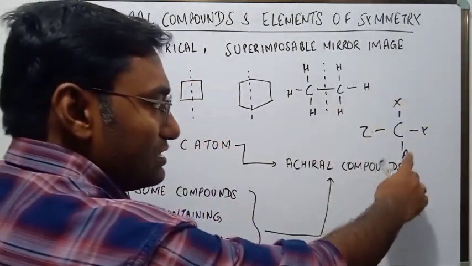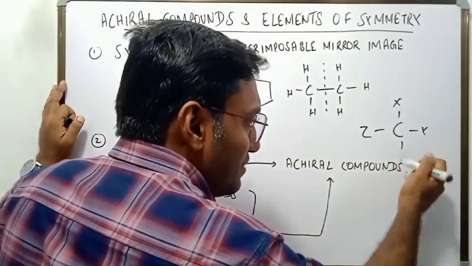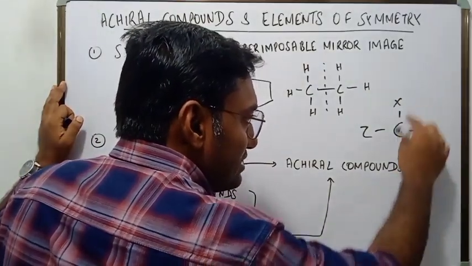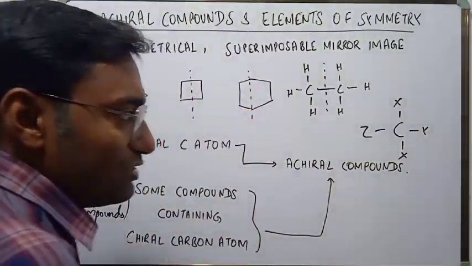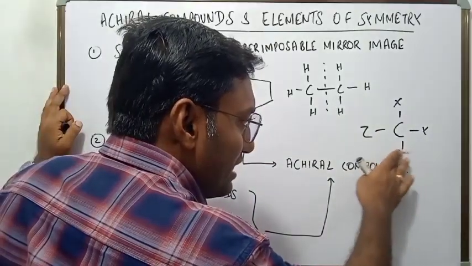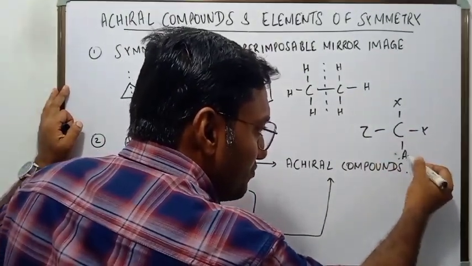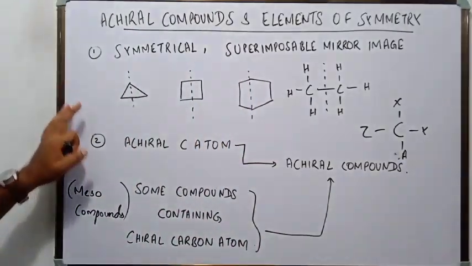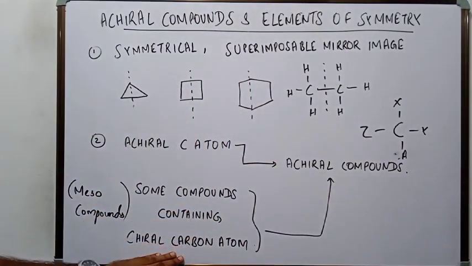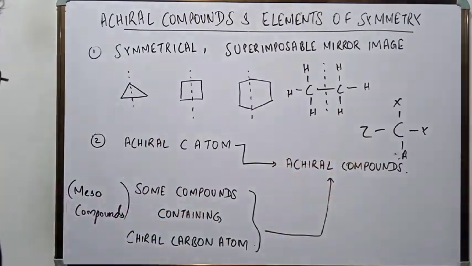Four different substituents. Even if one of these is X, the carbon atom becomes achiral. So it is required for a chiral carbon atom to be attached to four different substituents, right? There are some compounds that contain chiral carbon atoms, but they are still achiral compounds.